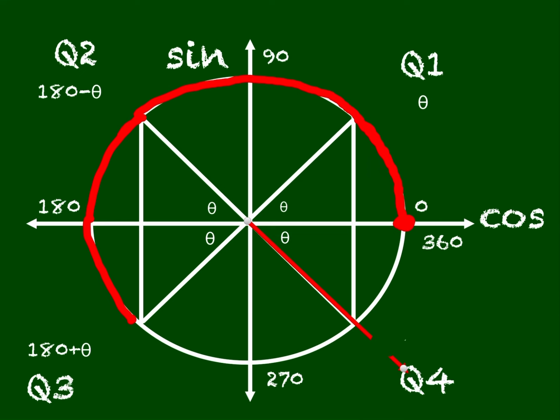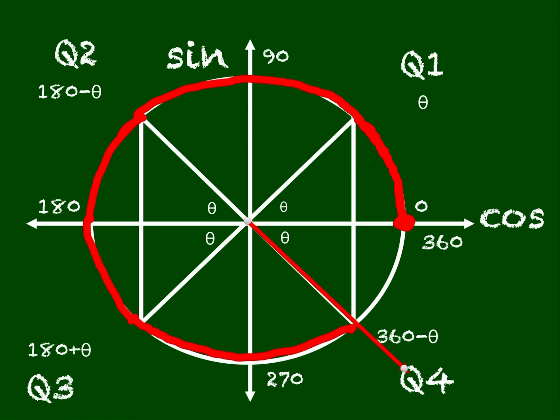How much did this red line move from the 0 point? I think you can easily understand, it is not completely 360, it is theta less than 360. So it is 360 minus theta.